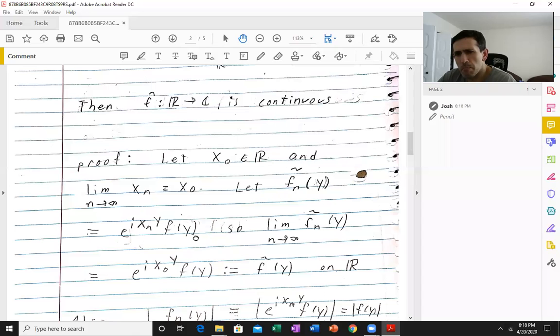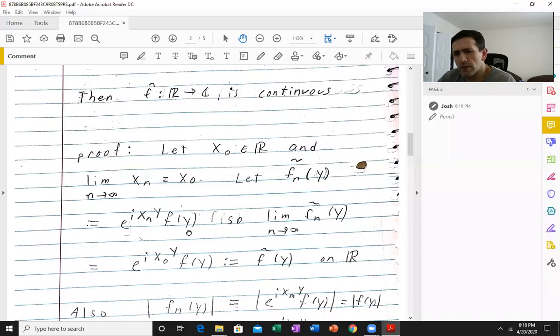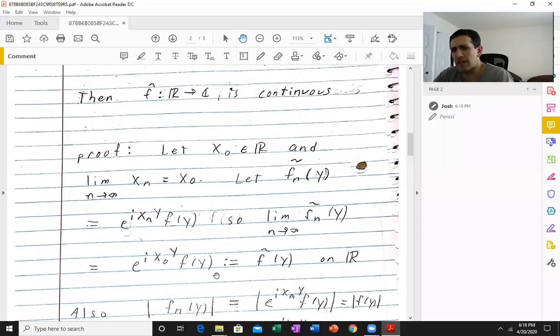okay. So you'll also notice, and this happens quite often, and this is what makes the dominated convergence theorem so useful, the Lebesgue dominated convergence theorem. Usually when people say the dominated convergence theorem, they mean the Lebesgue dominated convergence theorem. There is just one dominated convergence theorem.